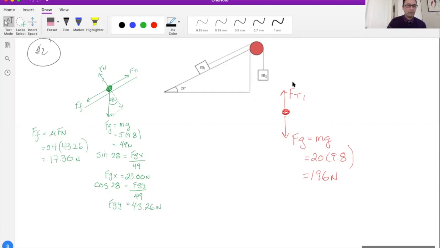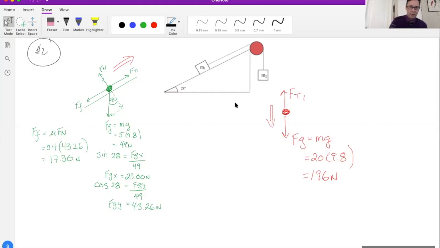Simple, easy. So when the system is released, and we assume it will move, this object is going to move up the incline, clearly, and this object is simply going to travel straight down. So any forces acting in those two directions, up the incline or straight down for object M2, will be supporting.